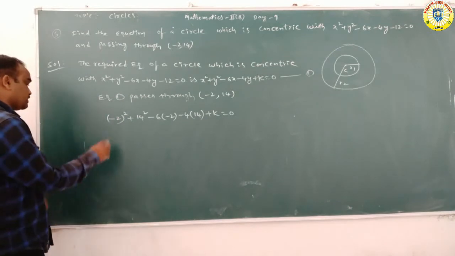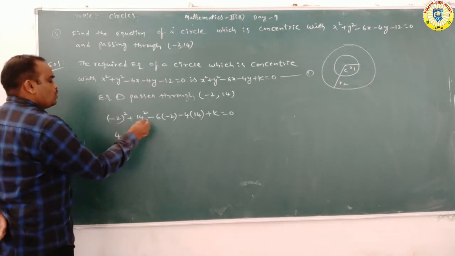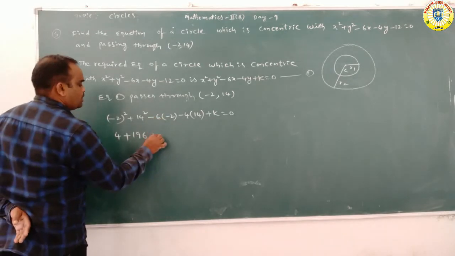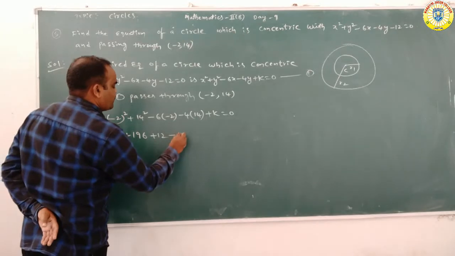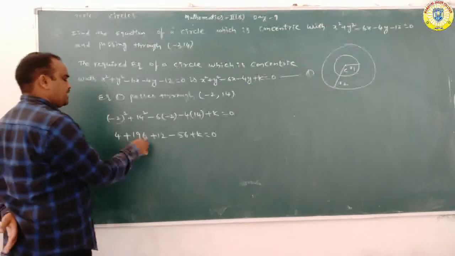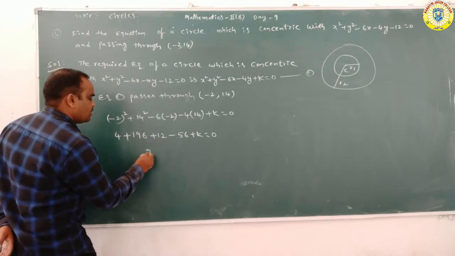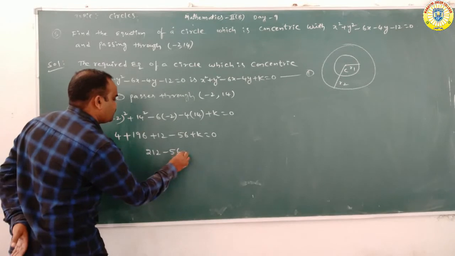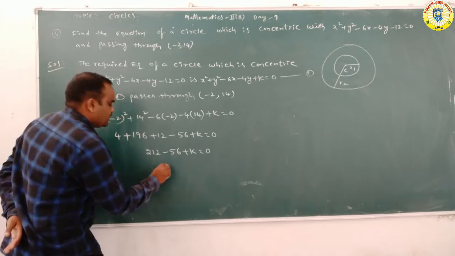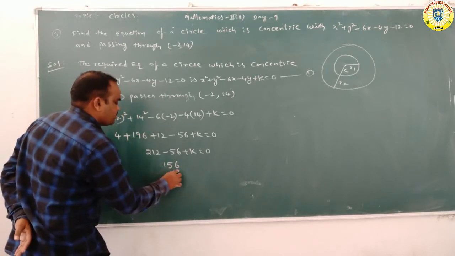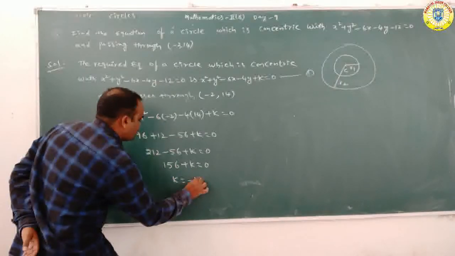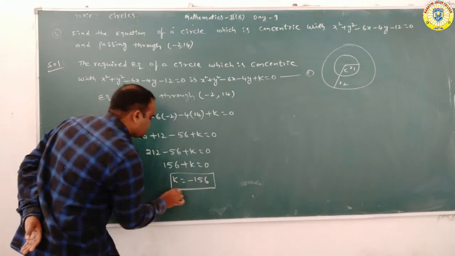Minus 2 whole square is 4, 14 square is 196, minus 6 into minus 2 is plus 12, minus 56, plus k is equal to 0. 4 plus 196 is 200, 200 plus 12 is 212, minus 56 plus k is equal to 0. 212 minus 56 is 156. 156 plus k equal to 0. Here k is equal to minus 156.